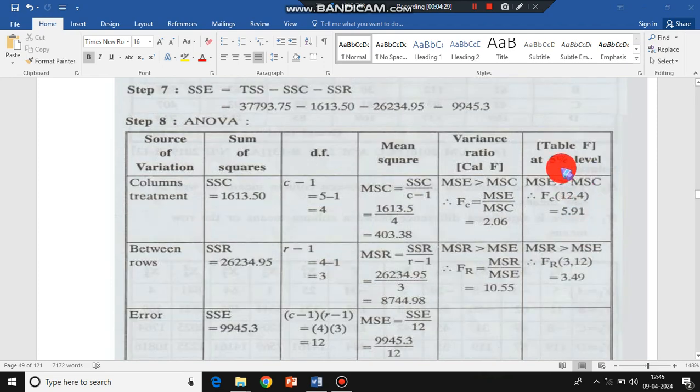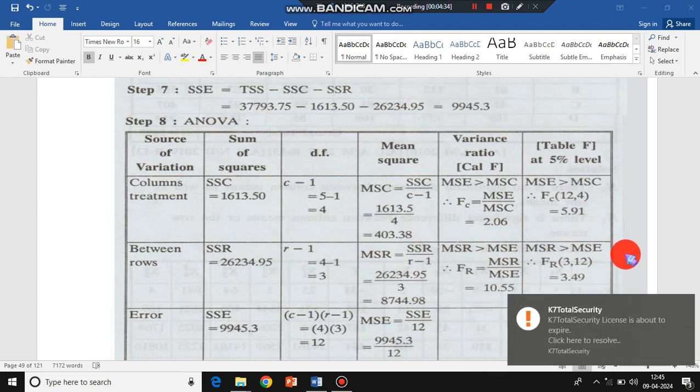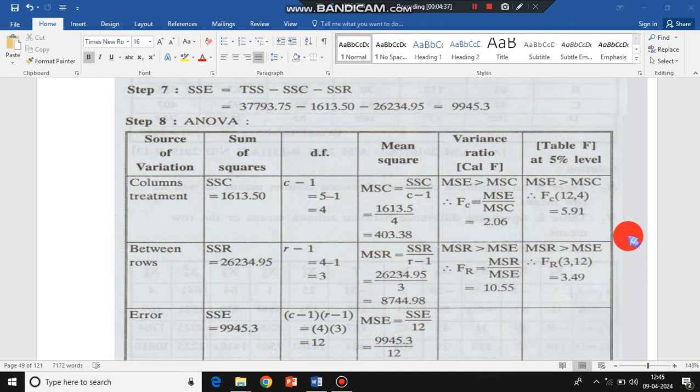So at the 5% level there is a statistical table. In that table, you take 12, the numerator degrees of freedom, in the horizontal direction, and 4 in the vertical direction. The intersection of 12 and 4 gives you the table value, where degrees of freedom in the numerator is 12 and in the denominator is 4.